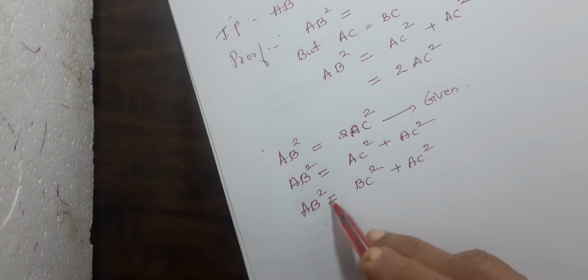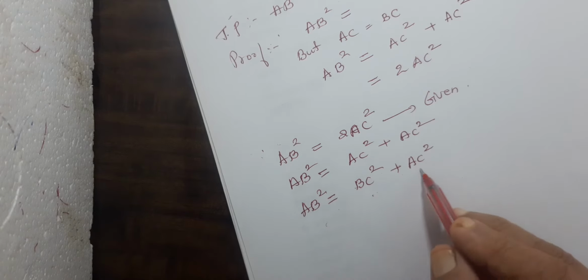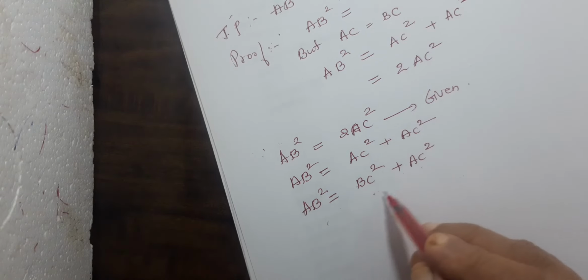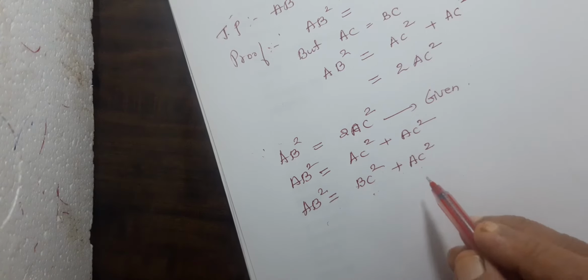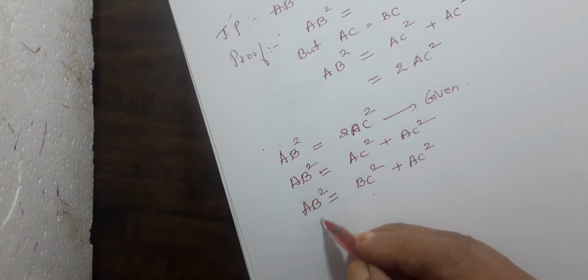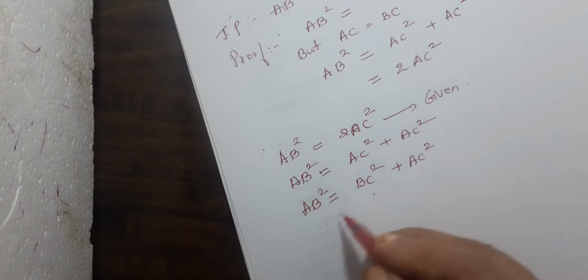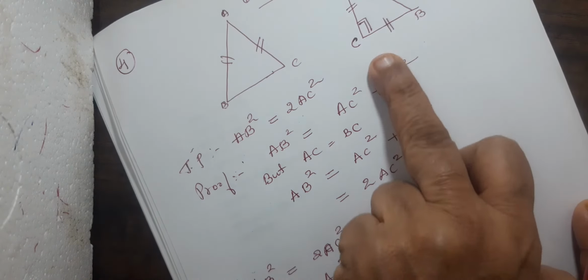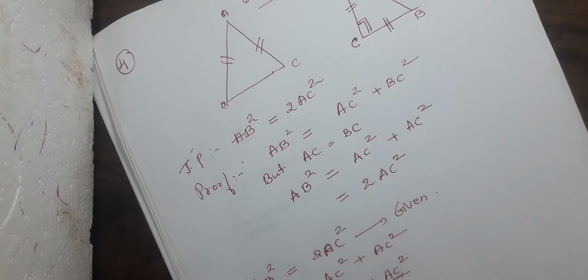So you have got AB squared equal to BC squared plus AC squared, no? So that means the angle between BC and AC will be 90 degrees and AB will be the hypotenuse there. When you get it like this, only AB will be the hypotenuse. I have drawn the figure here, and that figure is suitable for what we got now.